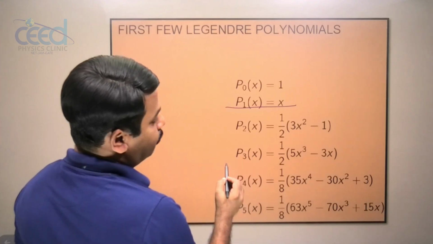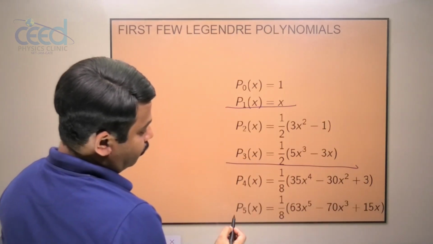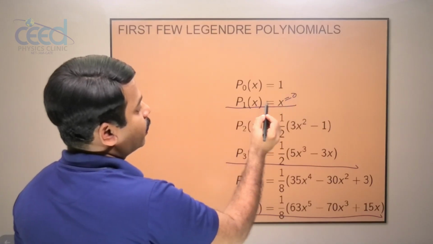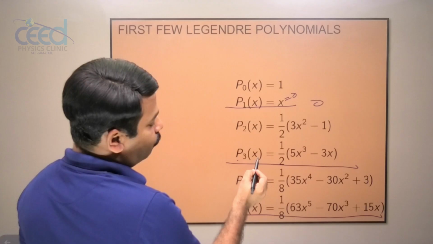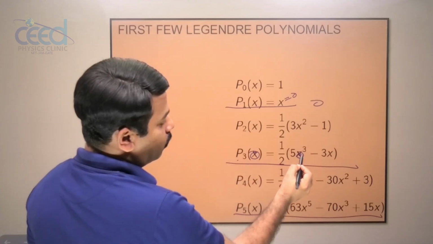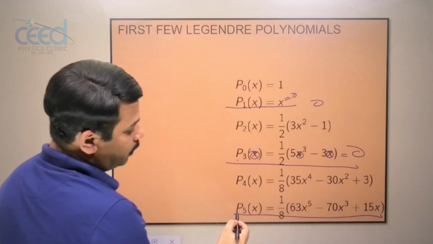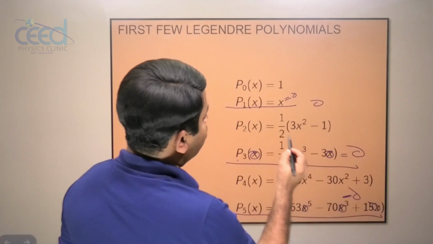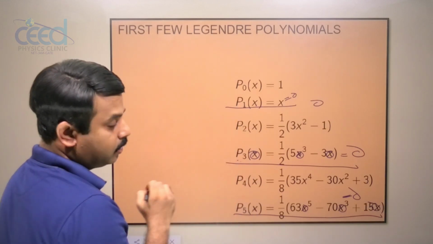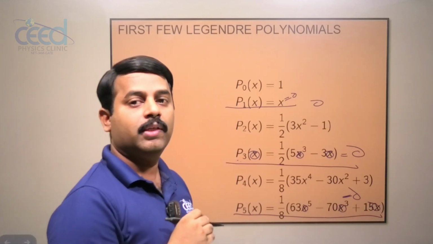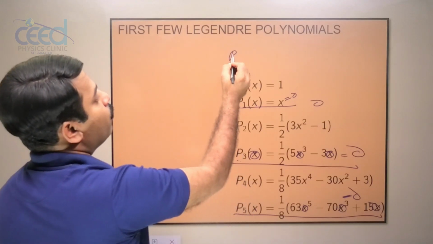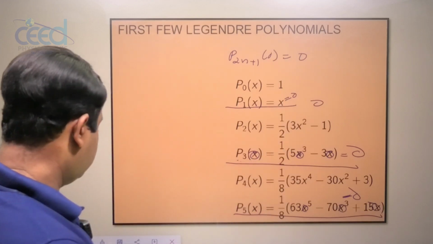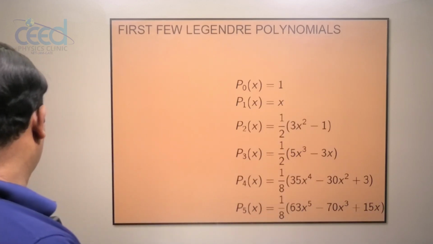P1 of x is x, P3 of x this one, P5 of x this. Here all you put x = 0, then P1 of 0 means 0 only. P3 of 0 you put, here 0 means 0 only. P5 of x, here 0, here 0, here 0 means 0 only. What does it mean? All odd Legendre polynomials of 0 are 0. That means P of 2n plus 1 of 0 is what? 0. Right.